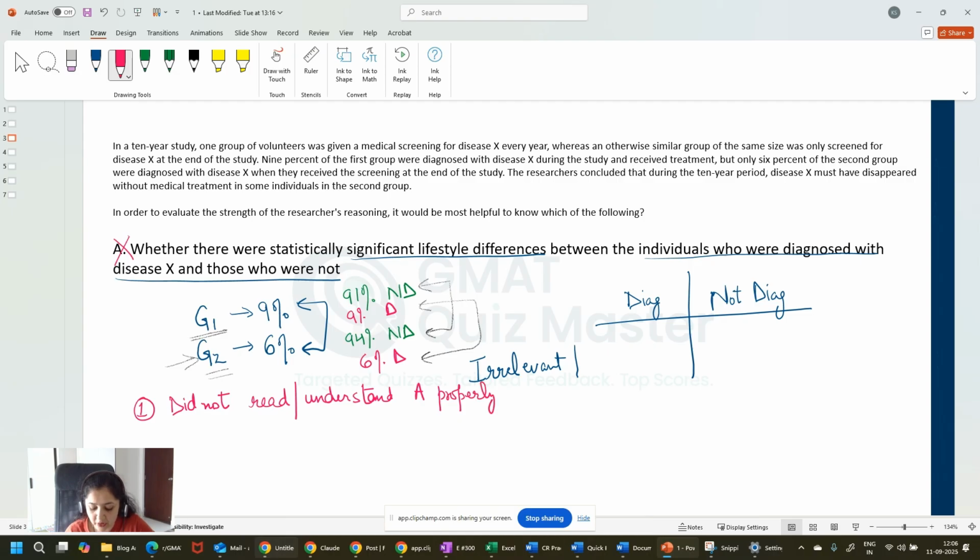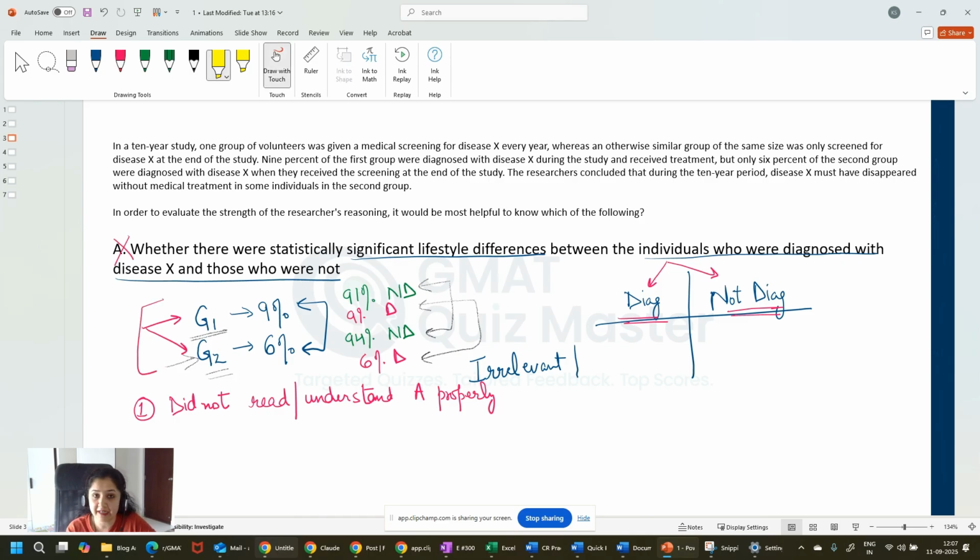Most likely, you thought that choice A says that people in G1 and G2 have significant lifestyle differences, and that kind of made sense, and you selected choice A right away. However, because you did not read it correctly, you did not notice that it is actually about people who were diagnosed with X and not diagnosed with X. It talks about the lifestyle differences between these two types of people, not the people in G1 and G2.